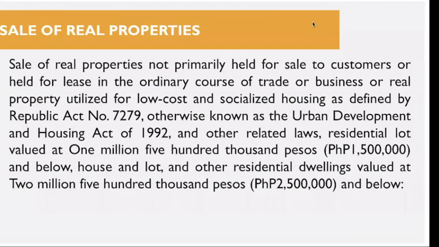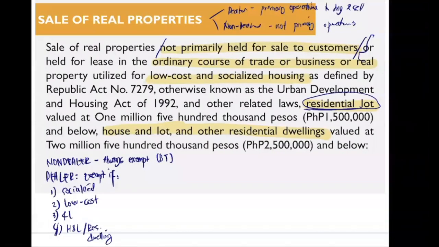Under this rule, it provides for certain amounts as to the exemption. So under your dealer, you are only exempt if you are selling socialized housing, low-cost housing, residential lot, or house and lot or residential dwelling.